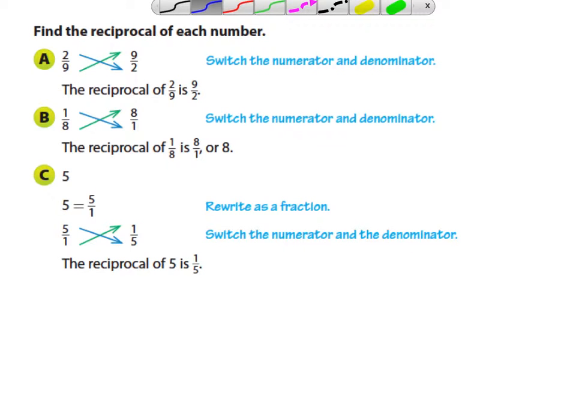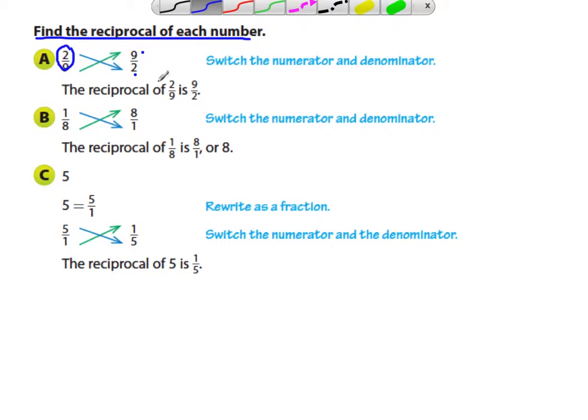Now you can use this to help you divide. And we're going to do an example here in a minute, but I want to just make sure that everybody understands how we find a reciprocal of a number. So here it says find the reciprocal of each number. So I'm starting with 2/9, and the whole idea here is that you're switching basically the numerator and the denominator. Numerator comes down here to the denominator, denominator comes up here to the numerator.